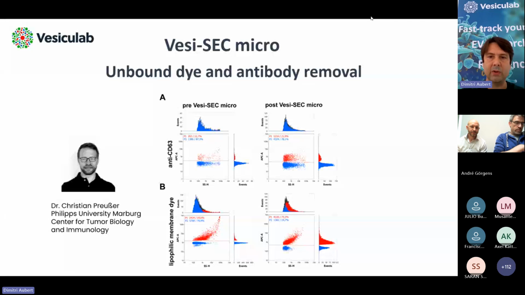On both occasions, it was able to pick up many more events by reducing the fluorescence background, the noise in the signal.